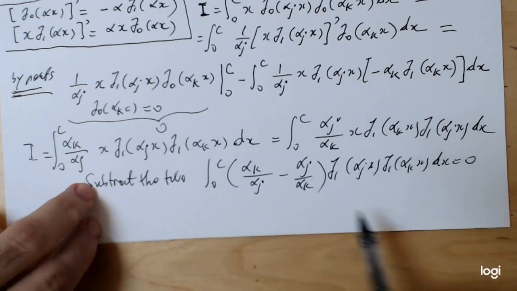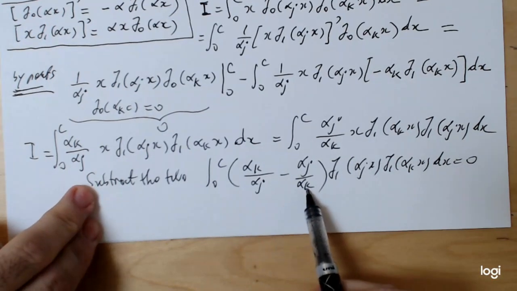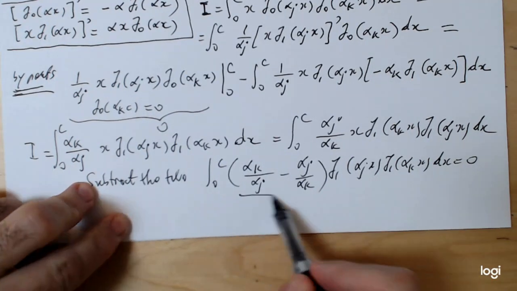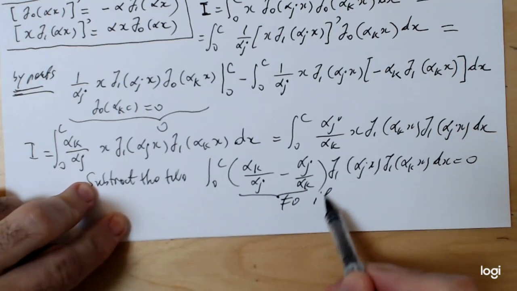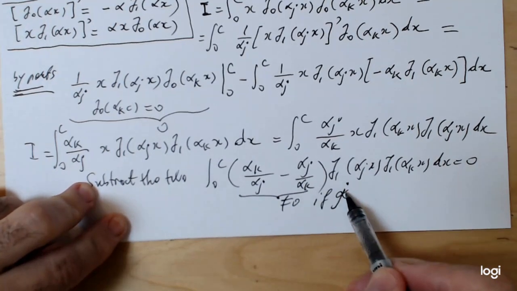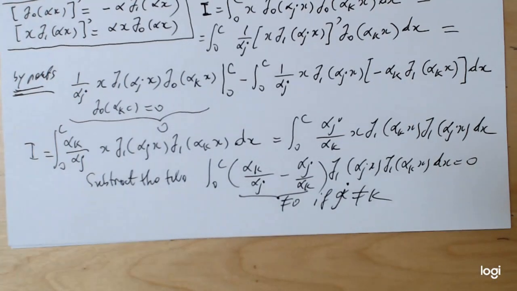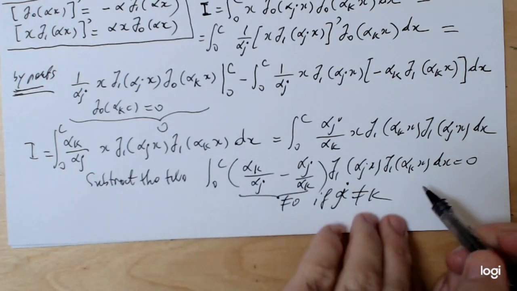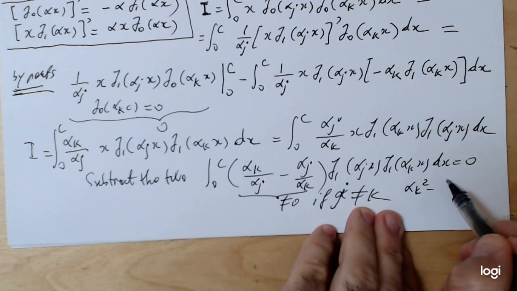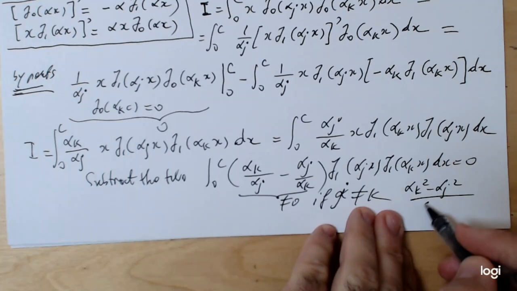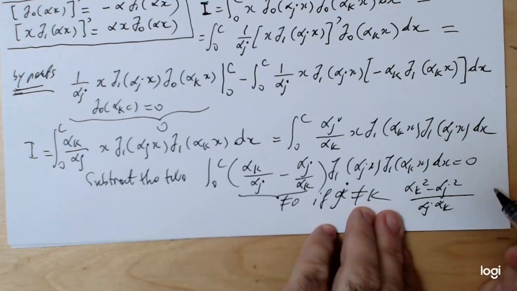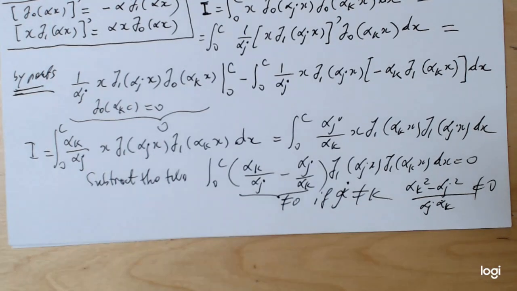So if you look carefully here, this guy is not equal to 0 if j is not equal to k. If you come up with the common denominator, you end up with alpha_k squared minus alpha_j squared on the top, which is not equal to 0 again if j is not equal to k.